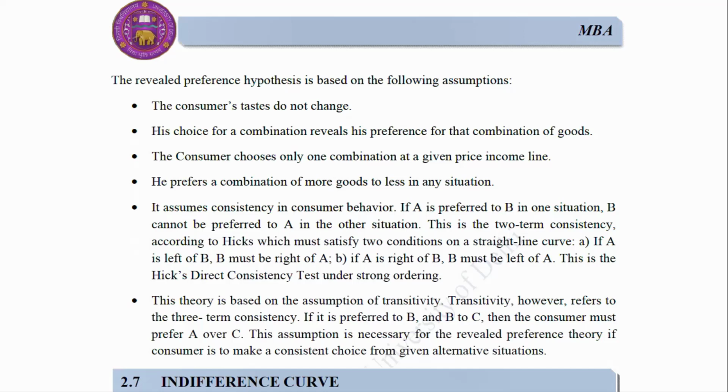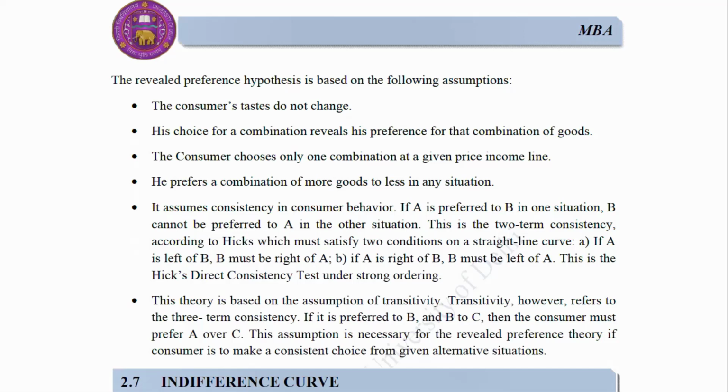This is the two-term consistency, according to Hicks, which must satisfy two conditions on a straight line curve. First, if A is left of B, B must be right of A. Second, if A is right of B, B must be left of A. This is the Hicks direct consistency test under strong ordering.